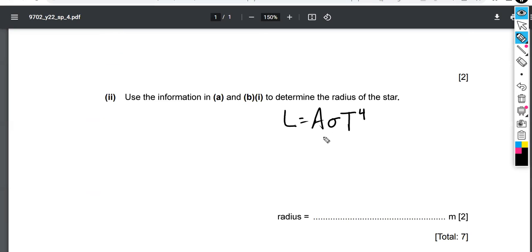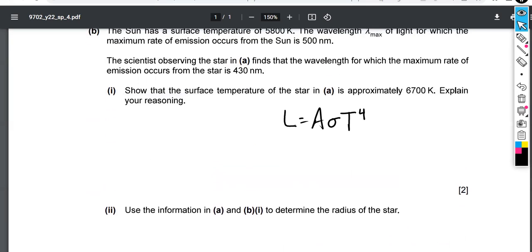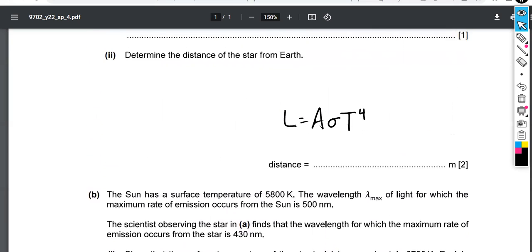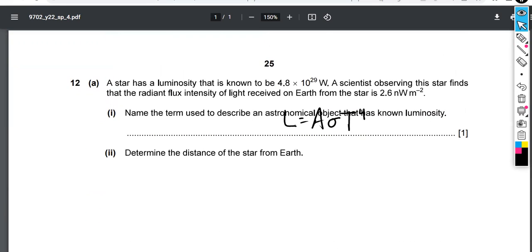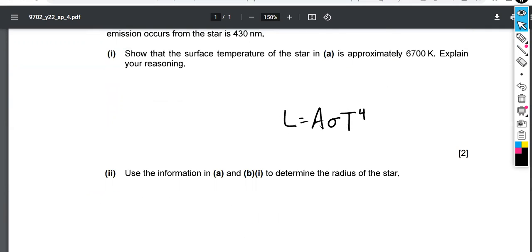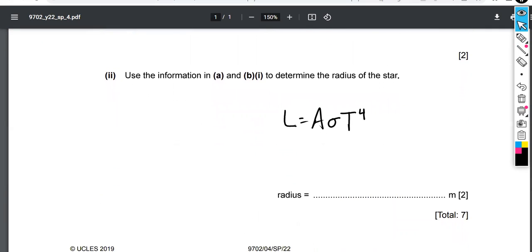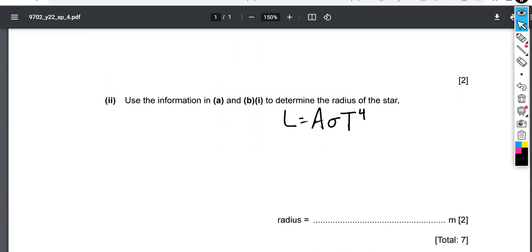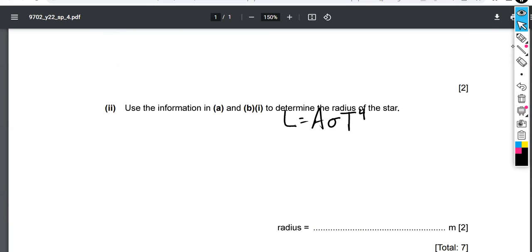All right, so we've got the Stefan Boltzmann equation here, and we want to use the luminosity from part 1, which was 10 to the 29 watts. Actually, 4.8 by 10 to the 29 watts. And the radius of the star is going to come from the area term.